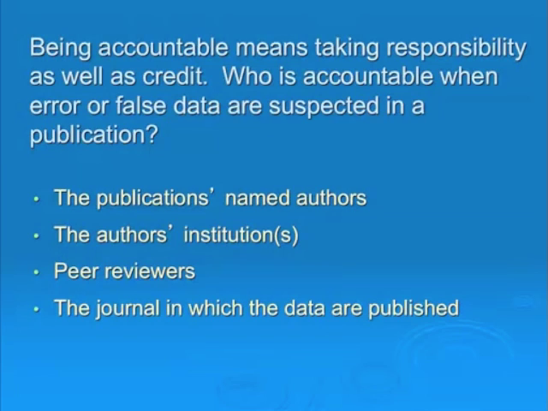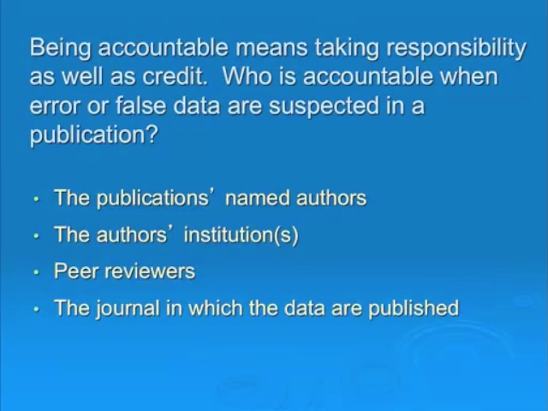So when we think about accountability, it's not just the author. And this is one of the things that both ICMJE and COPE have really begun to focus on. Being able to give an account of how the work gets published and what happened to get the paper written in the first place is a responsibility of multiple people.